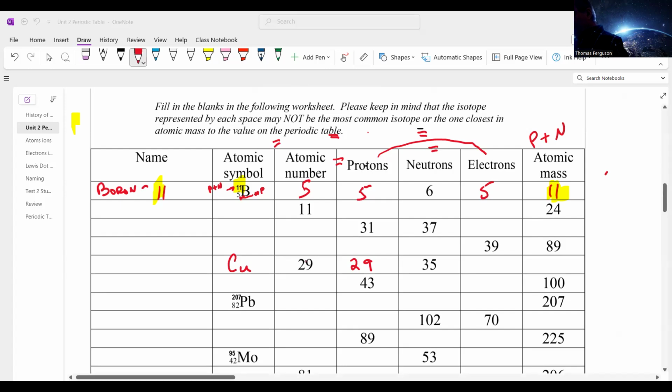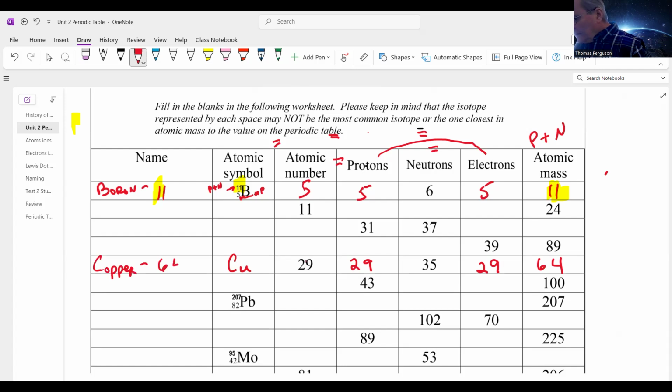Okay, how many electrons? 29. And what's the atomic mass? 64. Okay, so we're not done yet. This is copper. 64. And we have a 29 and a 64. Okay, does that make sense?